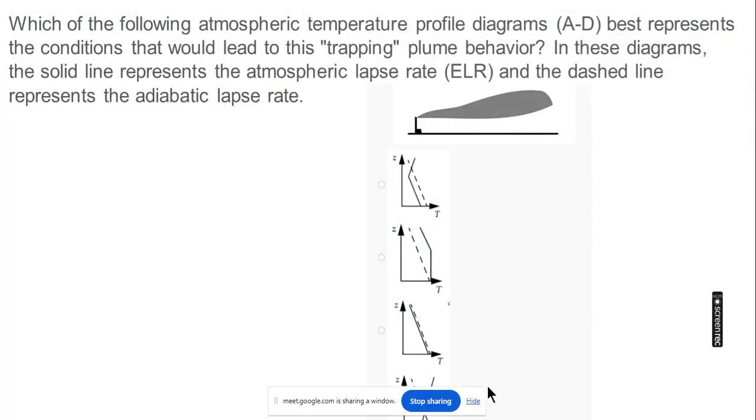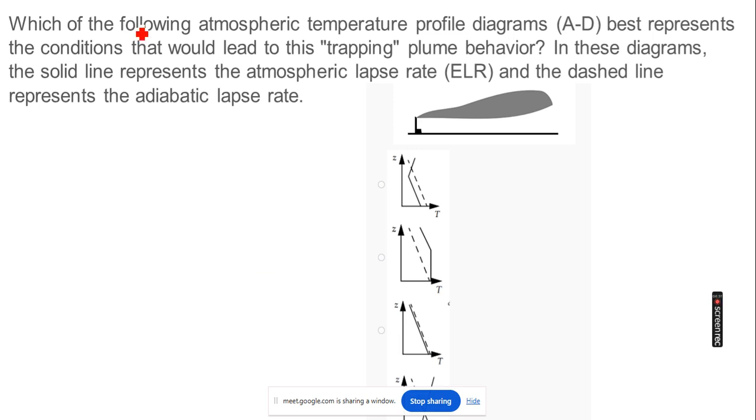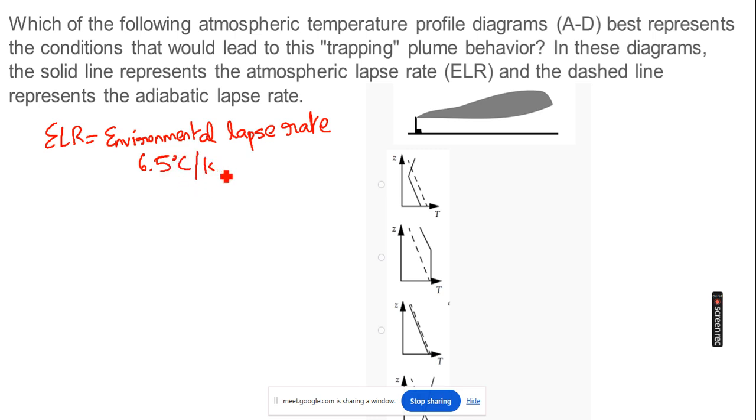So last class we were discussing the different lapse rates and the different stability parameters. Just to revise, we know there is something known as the environmental lapse rate, which gives you how the temperature is changing in the atmosphere, like the tropospheric lapse rate that we learned, the value is around 6.5 degrees Celsius per kilometer.